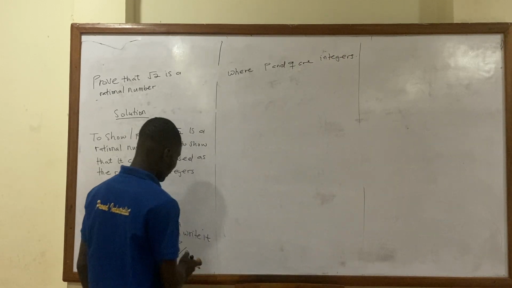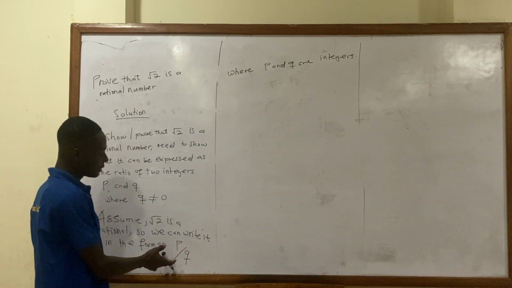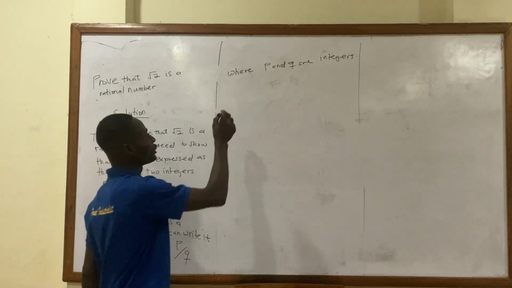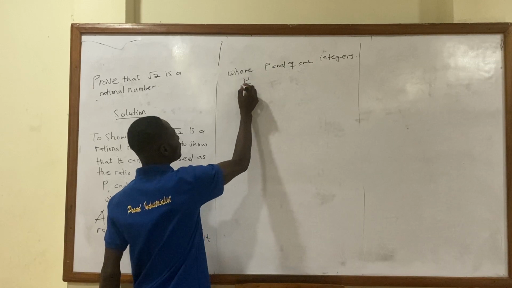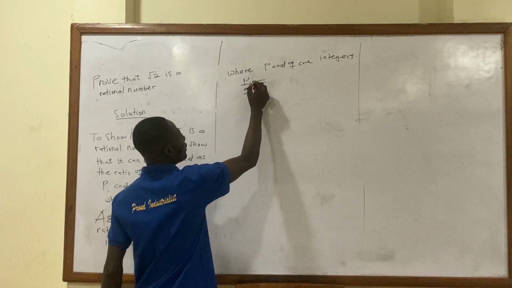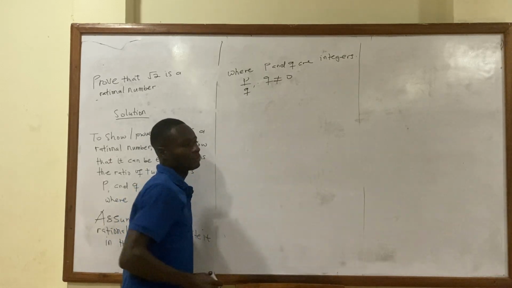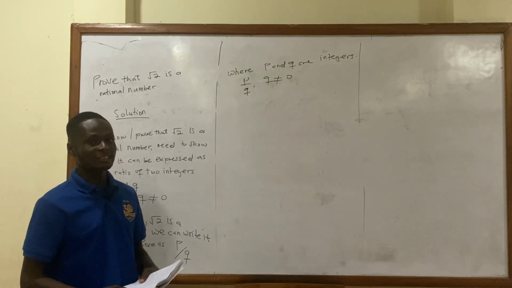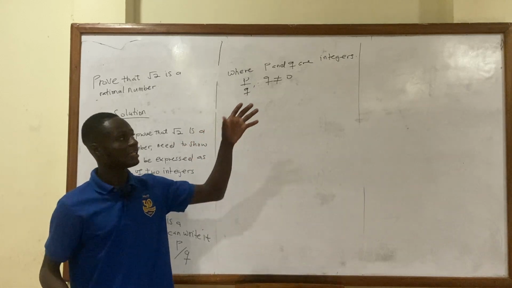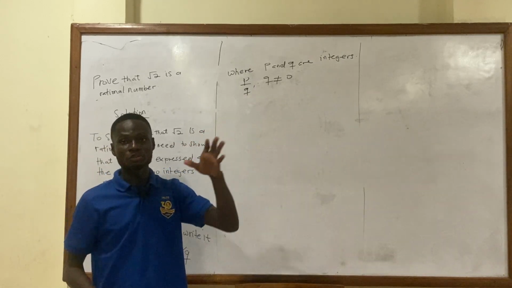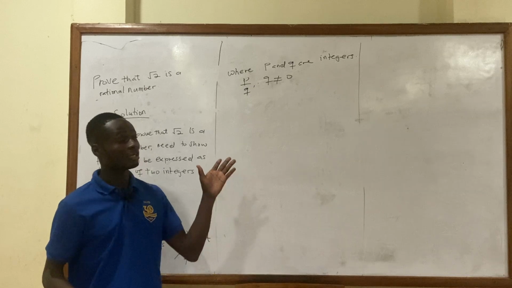All right. If you're able to write this, don't forget that p over q, we say q should not be equal to 0. You know the reason is always clear: if q is equal to 0, you're going to have an undefined expression and you can't work with that.